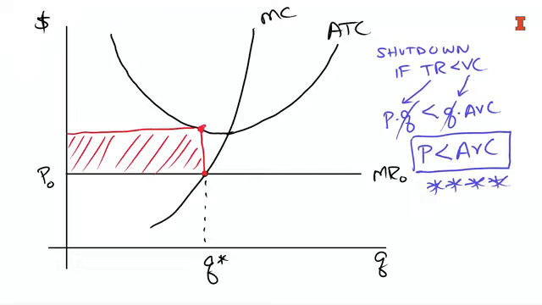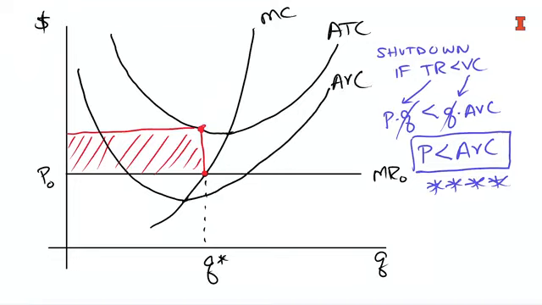Well, where is the average variable cost? And again, I don't know. I know the average variable cost is U-shaped, and I know its minimum falls on the marginal cost curve. I'm going to draw one because I got the pen. As long as it meets that condition, I'm going to put one here just so we can talk this through. We'll call this average variable cost. In this situation, what's the firm going to do?